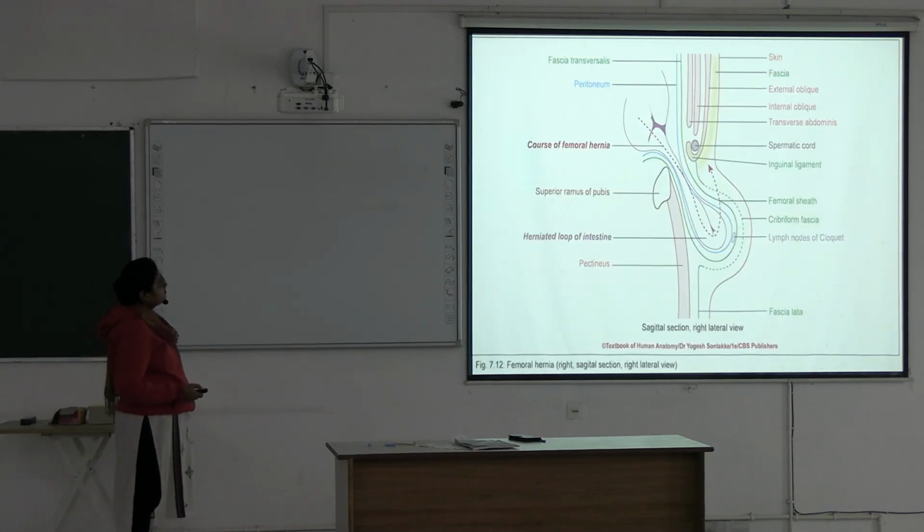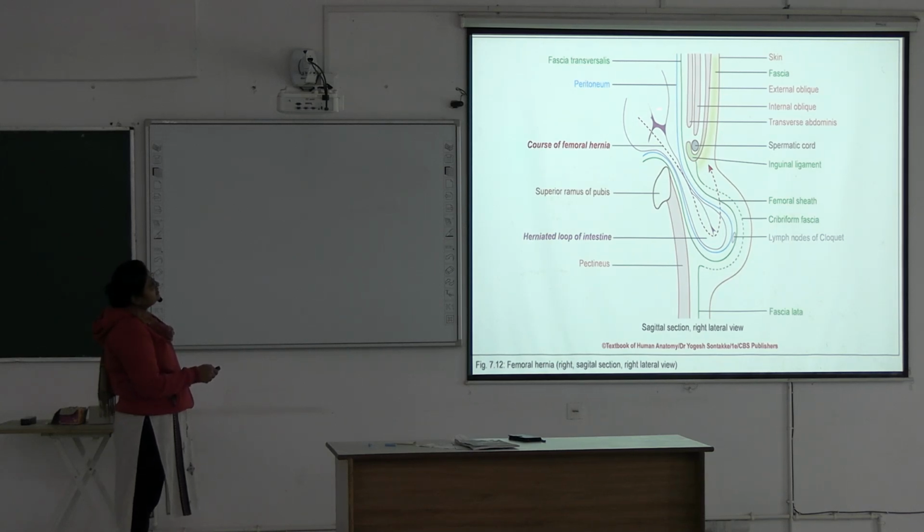Next, see the hernial coverings and their contents. This is the hernial content. This is the peritoneum. After that, this is the fascia transversalis, and these are the abdominal muscles. Skin, subcutaneous fatty tissue.